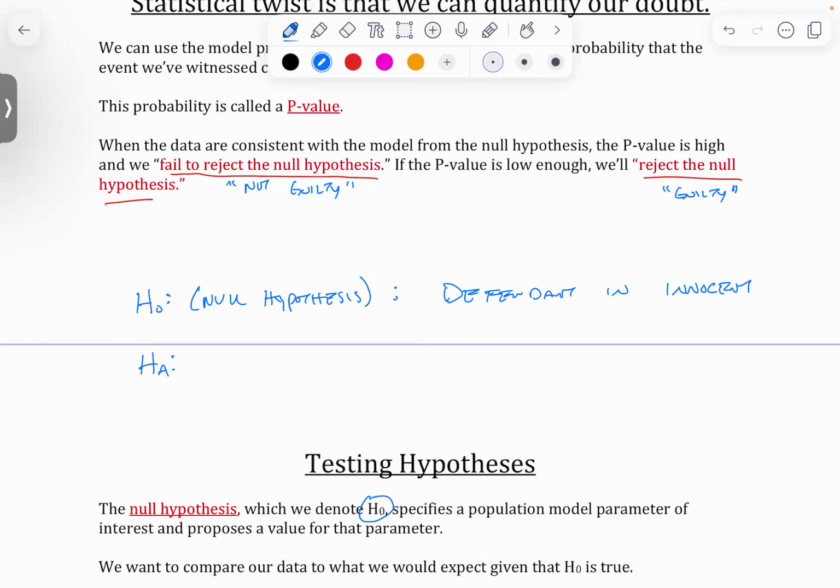The alternative hypothesis is the defendant is guilty. There's only actually two truths that exist. The defendant is innocent or the defendant is guilty.